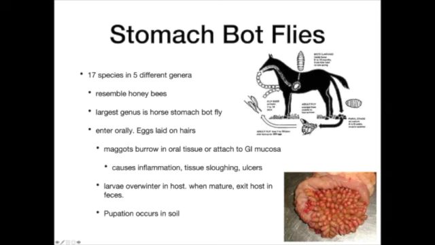You can see down here, this is a horse stomach that's filled with larvae. If they're in colder climates, they will literally overwinter inside of the horse. So they go dormant for a little bit in this larval form. When they're mature, they will exit the host and pupate in feces, in soil just below the feces.